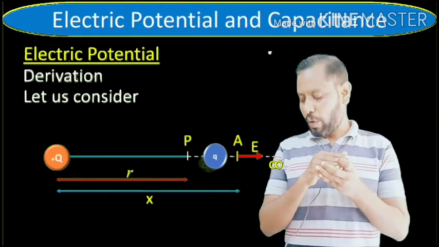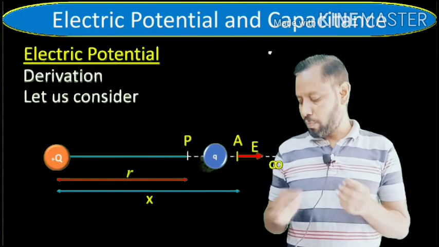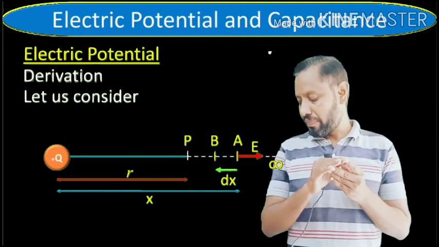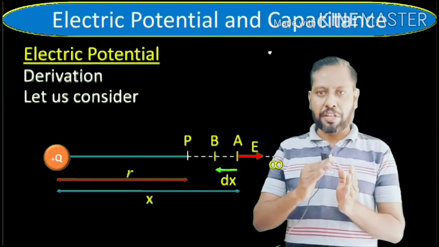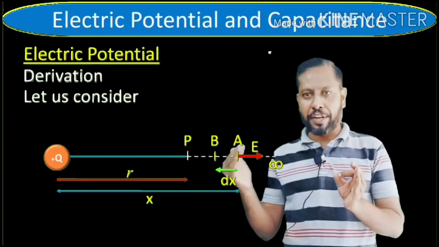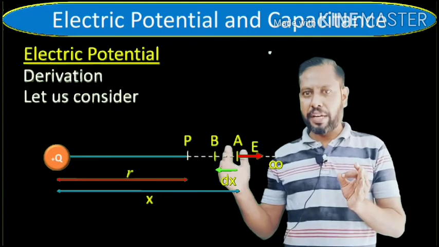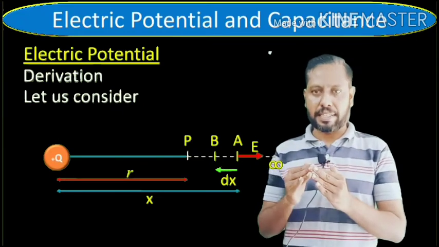Let us say this point is B, and the displacement we have traveled when going from A to B is dx.